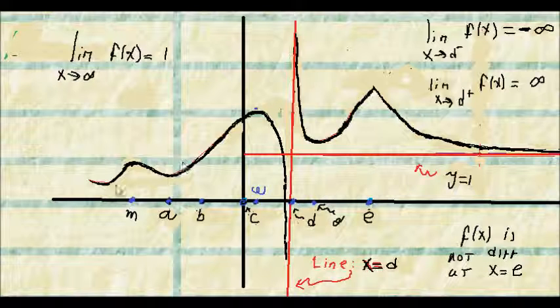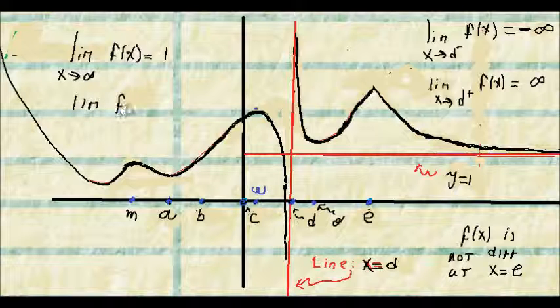Now, to make matters more interesting, I'm going to make this function go to infinity here on this side. So let me find the limit of f of x as x approaches negative infinity. What is it going to be equal to?